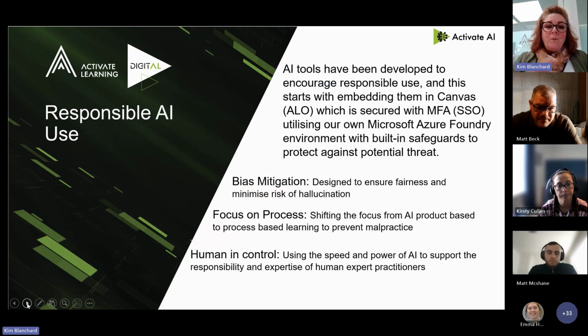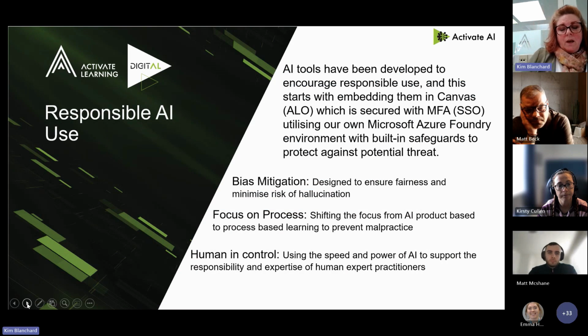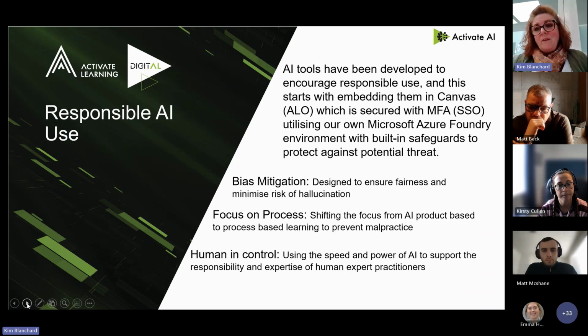So when we talk about responsible AI use, we look at what does that mean really? Using a system means that we can have our services and our tools secured behind a firewall. We have multi-factor authentication, single sign-on, so that gives us a path to authentication for our tools, and so we remain within a very secure space.